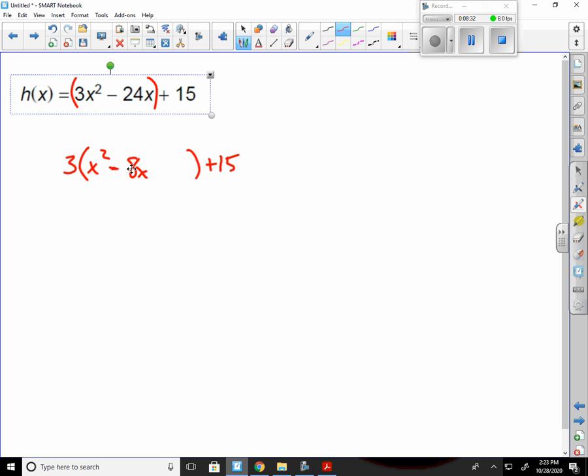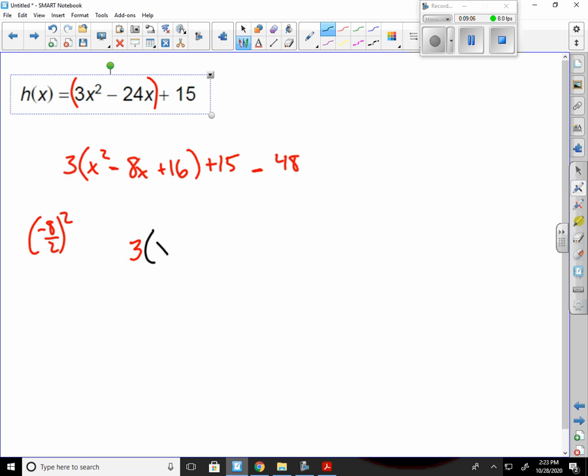So we have negative 8x. Let's divide that by 2. That's negative 4 squared, which is positive 16. But remember, in order to figure out what we're subtracting back here now, it's really 3 times 16. 3 times 16 is 48, so we have to subtract 48 from the backside.